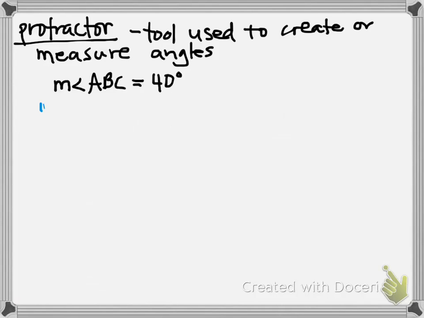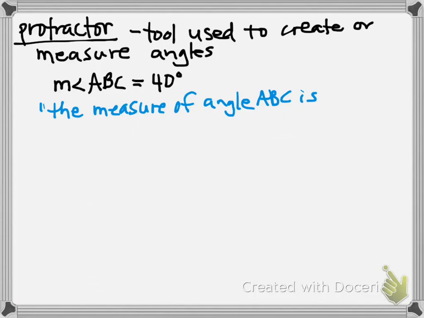So that is the measure of angle ABC is 40 degrees. That's how I read that. So remember, we have a different way to write what the object's called versus what its measure is. Okay, so here we have to add a symbol. It's funny, with the segment we take away the symbol.